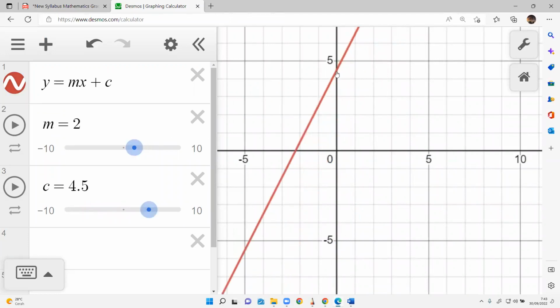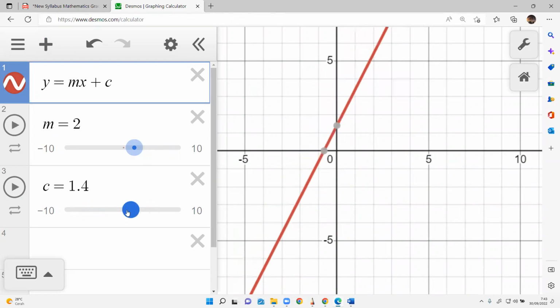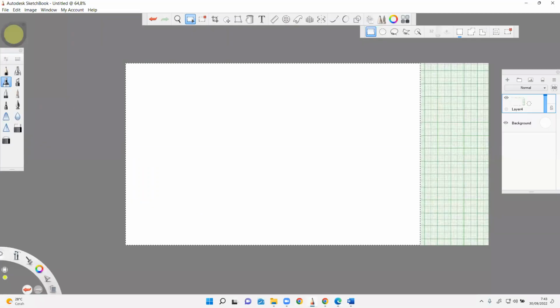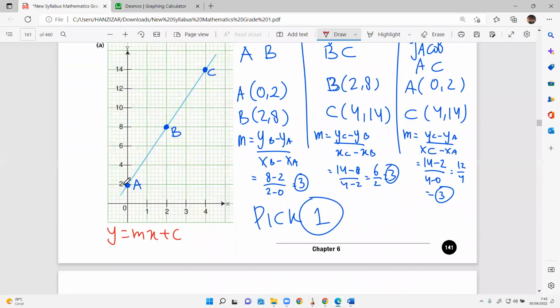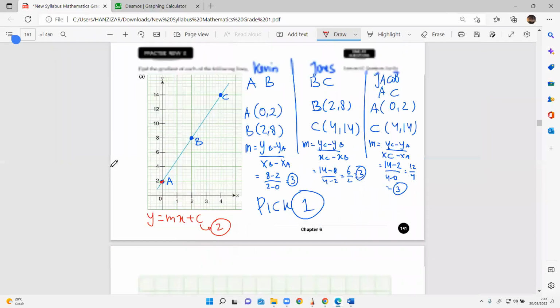Kalau di sini nempelnya di mana tuh? Di 2 kan? Ya udah. Berarti c-nya 2. Tempelnya di sini, kena nabrak y-axis-nya. Understand guys? Ini agak konseptual, okay?